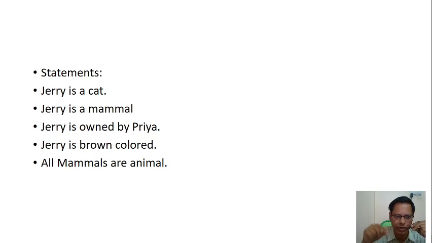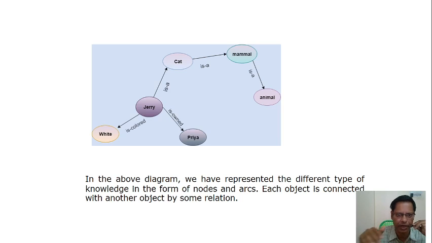Jerry is related to different statements. When we look for the word Jerry, the related logical information can also be displayed: Jerry is brown, Jerry is a cat, Jerry is owned by Priya, Jerry is a mammal, Jerry is an animal.